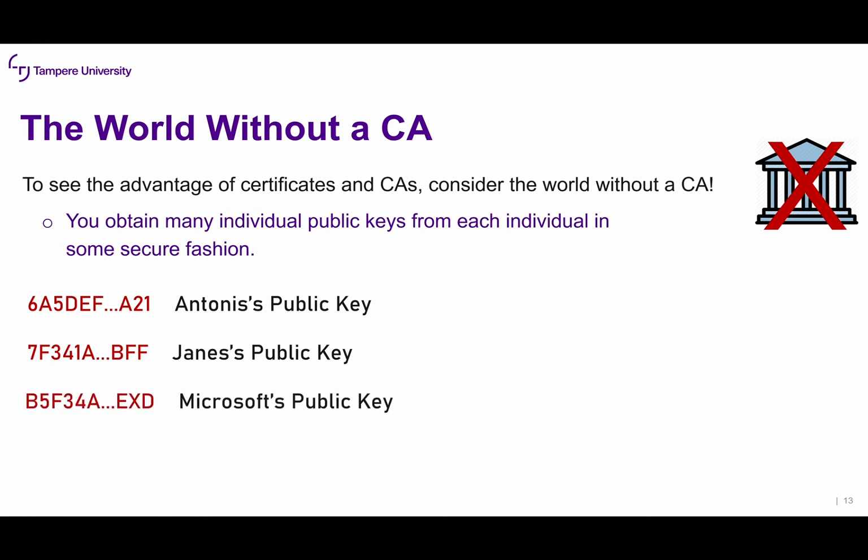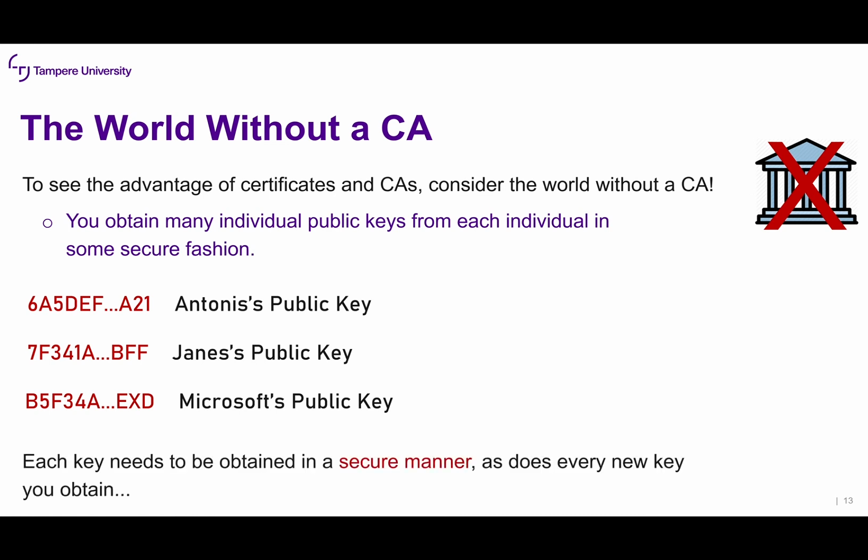If you want to get an update from Microsoft, you need to get Microsoft's public key, and so on and so forth. Each key needs to be obtained in a secure manner, as does every new key you obtain. We explained earlier why it's important to be able to verify the public keys that we receive, so we need a protocol that will allow us to get everything in a secure manner.